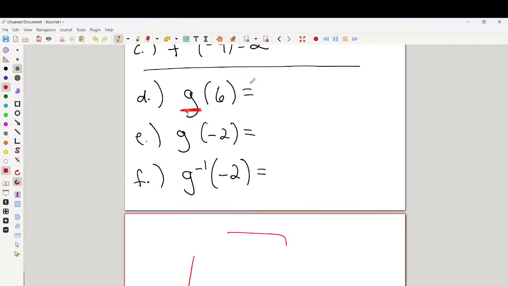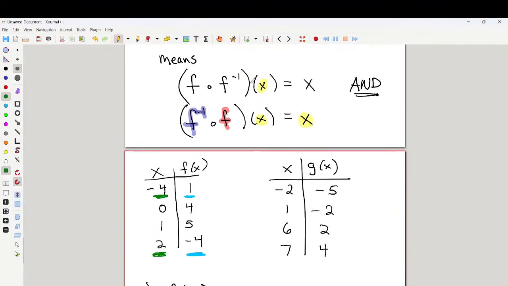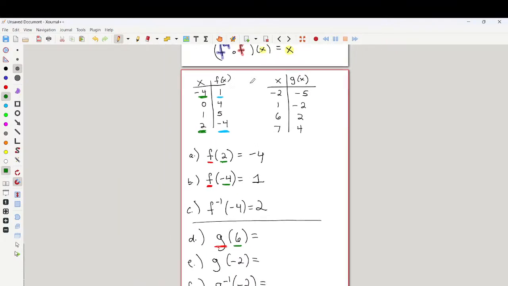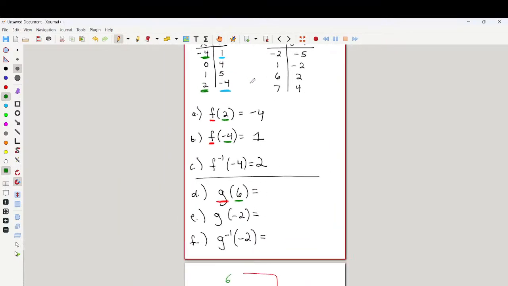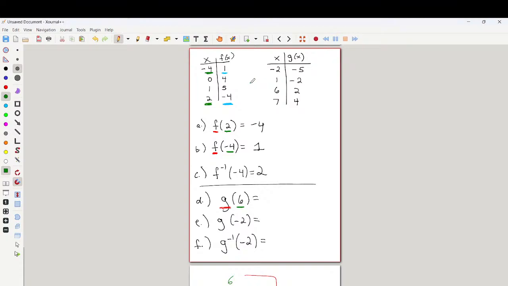G. Here it is. This means 6 is going in. That's our input. That's our X. So we just have to give the Y coordinate. See if I can get this all in at once. It's going to be a little too small. What's your G of 6? 2. Boom. You just give the Y.